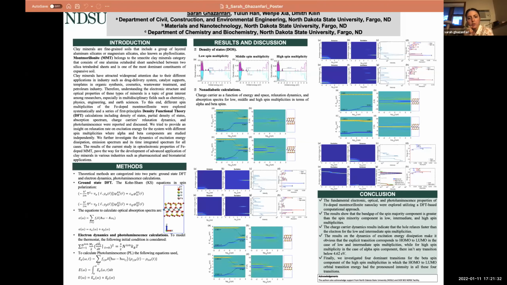Yeah, you mean just skip the intermediate spin multiplicity and keep the low and high, and then in that small table just mention the intermediate. Yes. Okay, it's also a good idea. Yeah, thank you. It saves a lot of space for me as well.